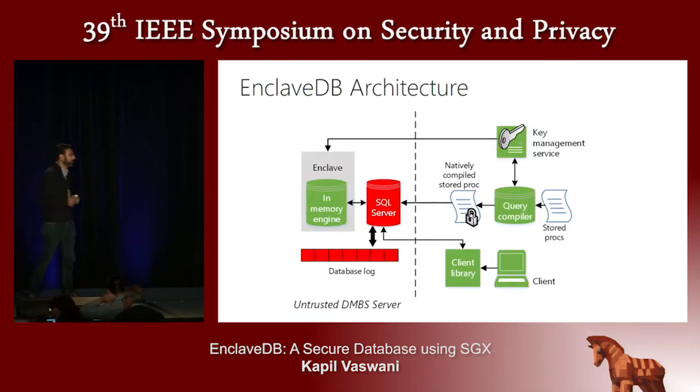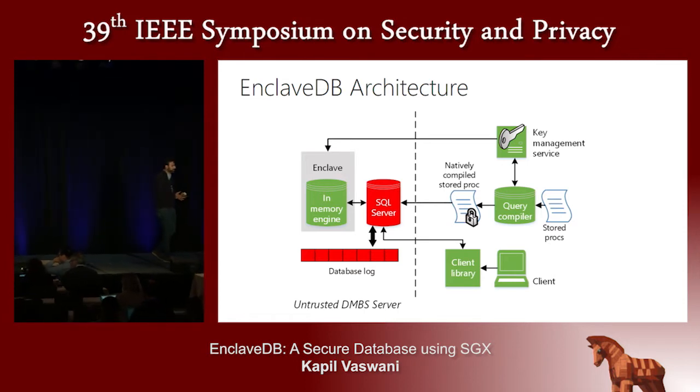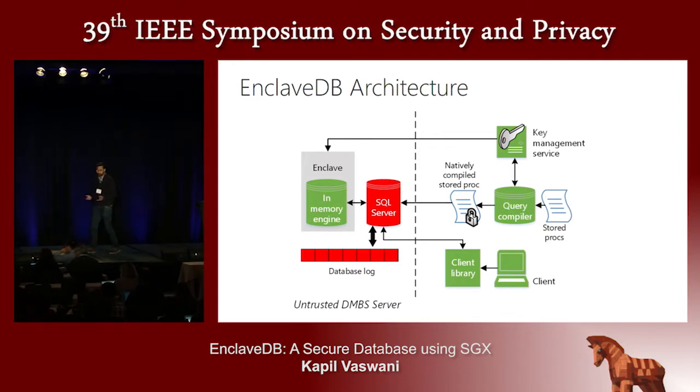So what does EnclaveDB look like? In EnclaveDB, the database is composed of server-side and client-side components. On the server side, we have an untrusted SQL Server database instance that is responsible for managing and running queries on all public data. But this SQL Server instance is modified to create an enclave and host all sensitive data inside the enclave, along with an in-memory query engine that is responsible for processing queries on sensitive data.